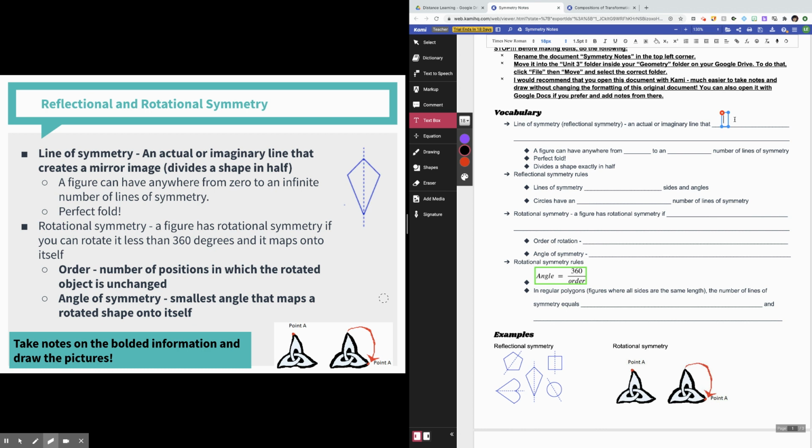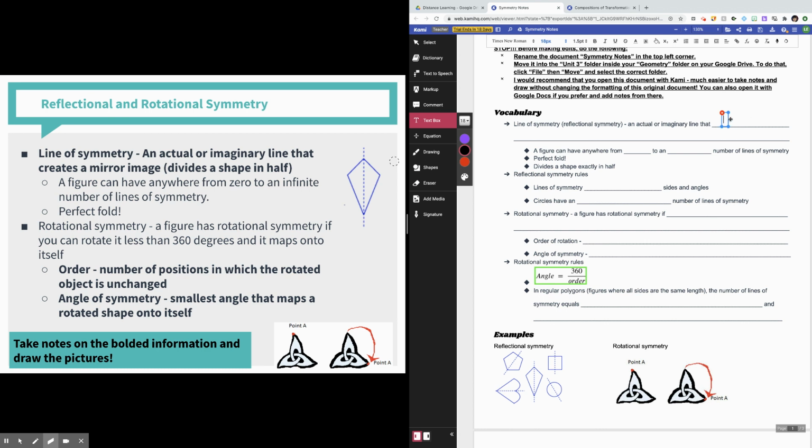So a line of symmetry, which is how we deal with reflectional symmetry, is an actual line. It could be an actual line physically on the figure, or an imaginary line. Typically we draw the imaginary lines with little dashes, like you can see in the kite right here.